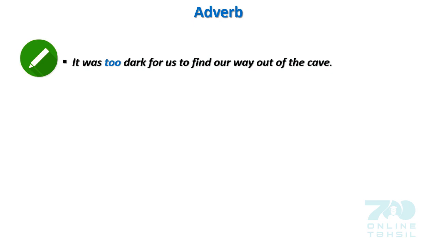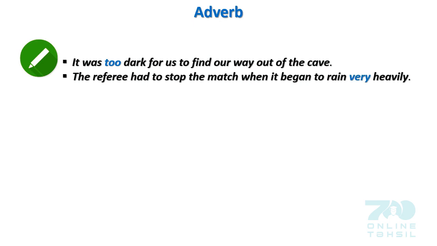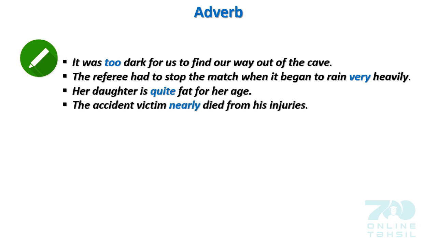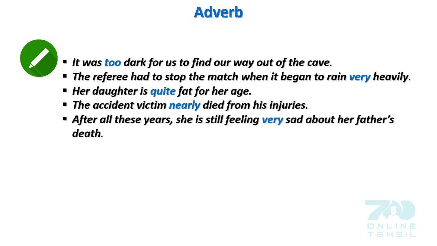Before adjective: The referee had to stop the match when it began to rain very heavily. Before adverb: Her daughter is quite fat for her age. The accident victim nearly died from his injuries. After all these years, she is still feeling very sad about her father's death.